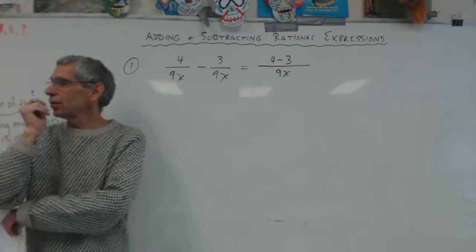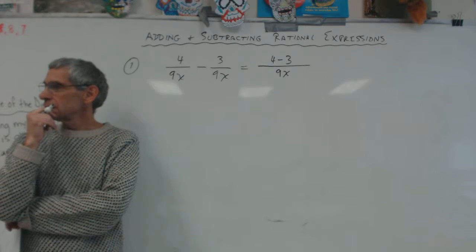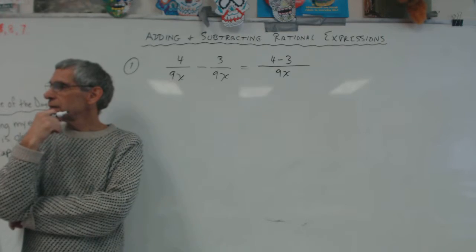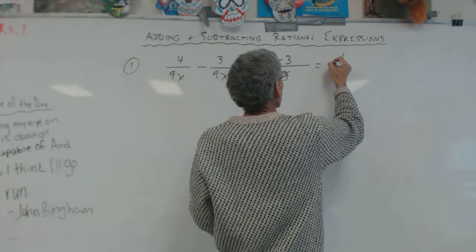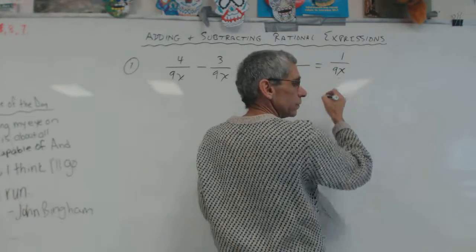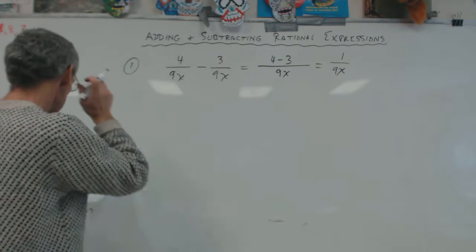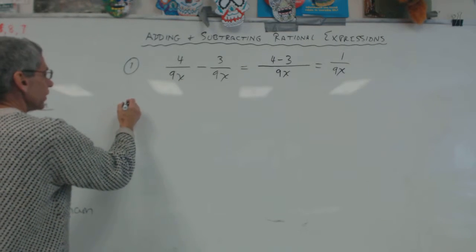Are there any like terms that could be combined? Maybe you could do something with the 4 and -3. Well, what is 4 minus 3? 1. Oh, right. So my final answer is 1 over 9x. All right? Pretty easy, right?